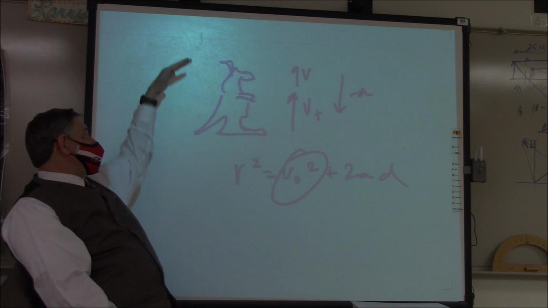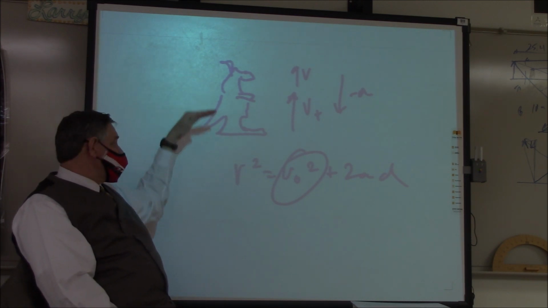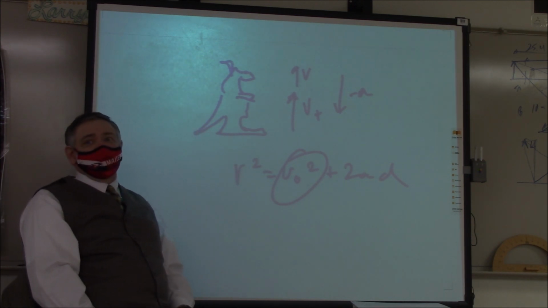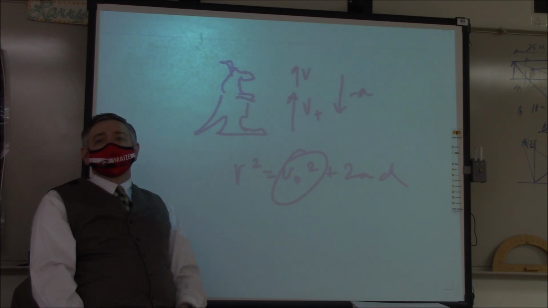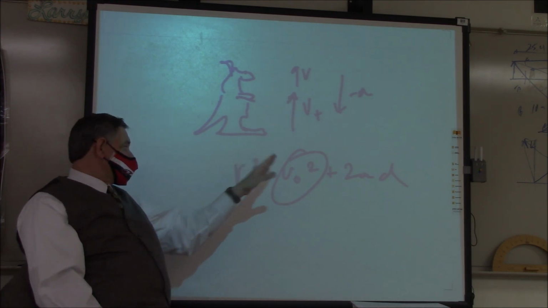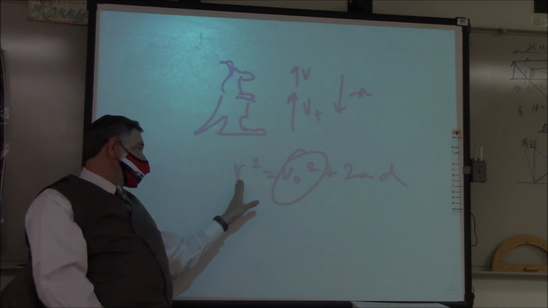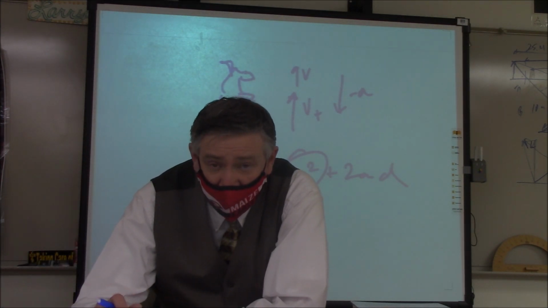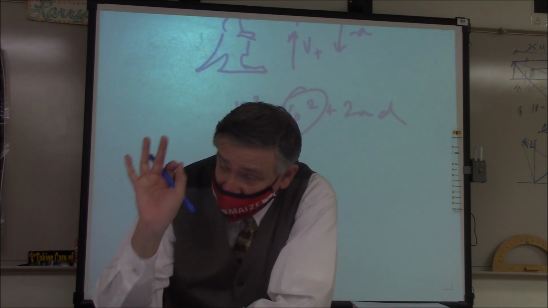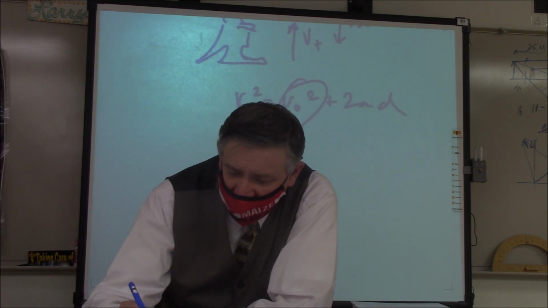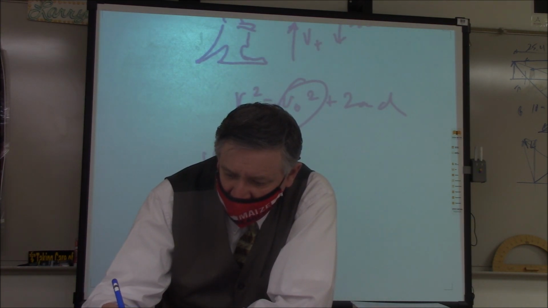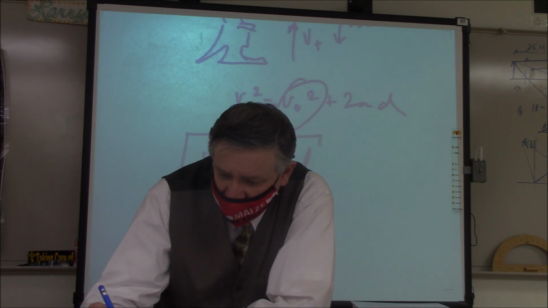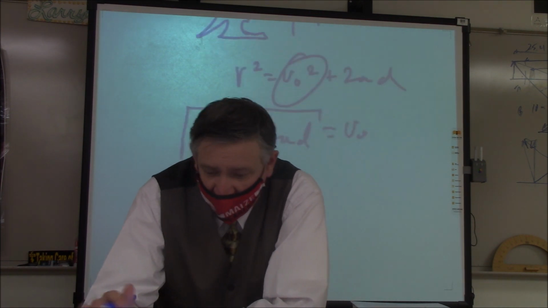When the kangaroo gets to its highest point, the final velocity is 0. So you go from some initial velocity to 0, and you know the acceleration. It's vital that you solve for v naught. That's v squared minus 2ad, and the square root of all of that gets you v naught.